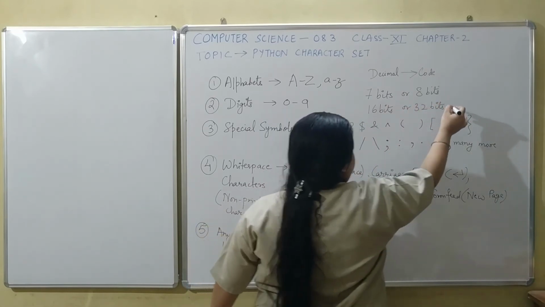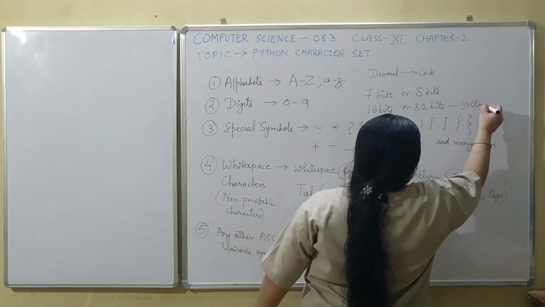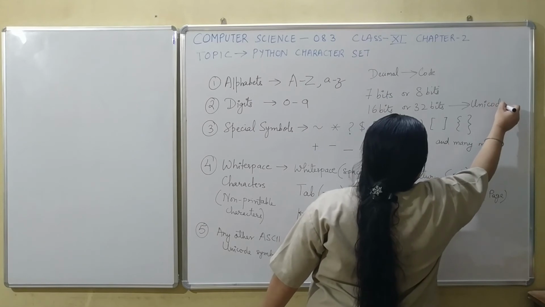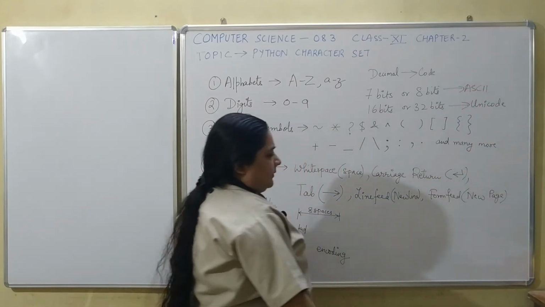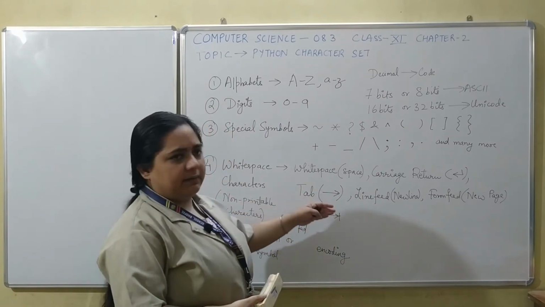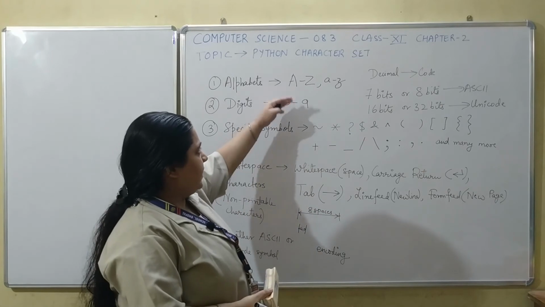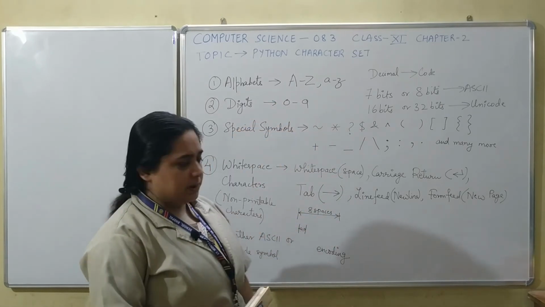Usually the 16-bit or 32-bit would be for Unicode characters and the 7 or 8 bits for ASCII characters. So ASCII is able to represent the English language characters. Okay, the capital A to Z, small a to z and many more other symbols.